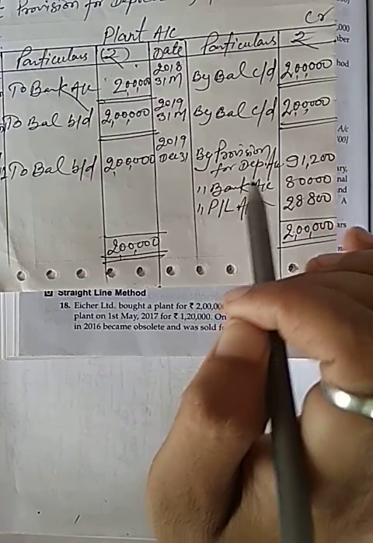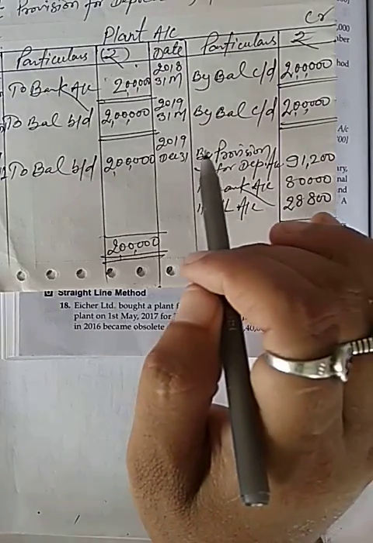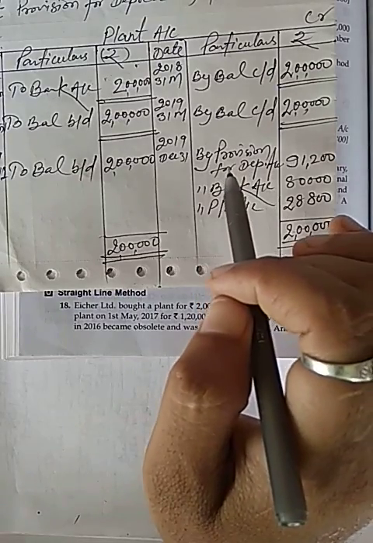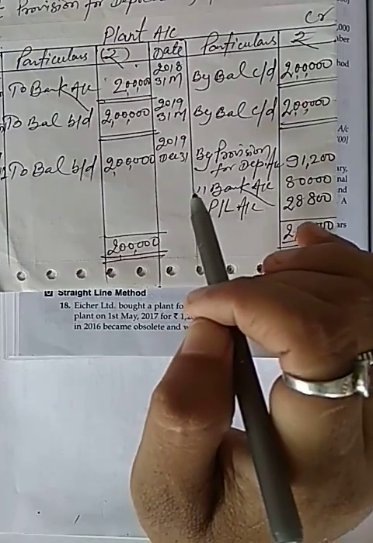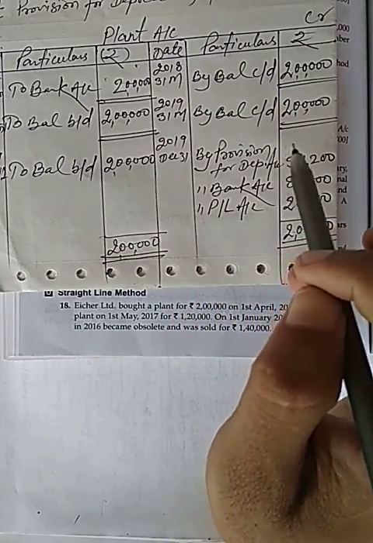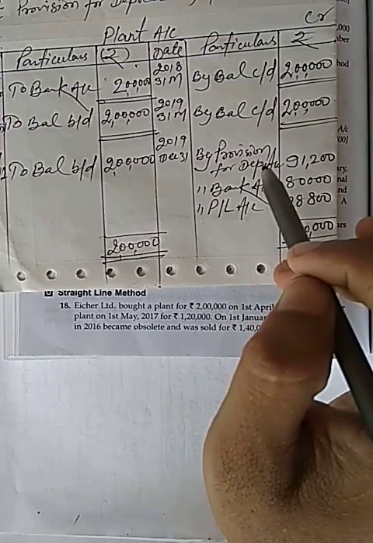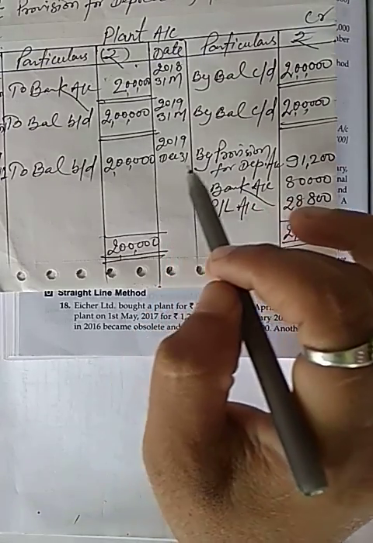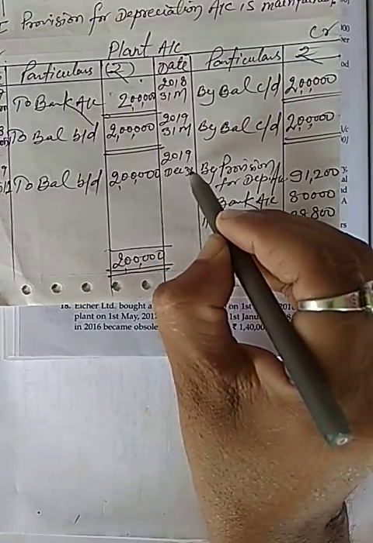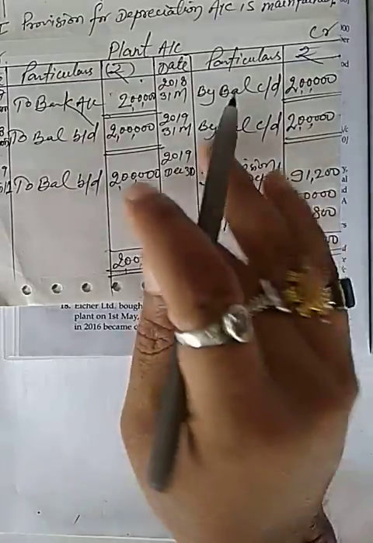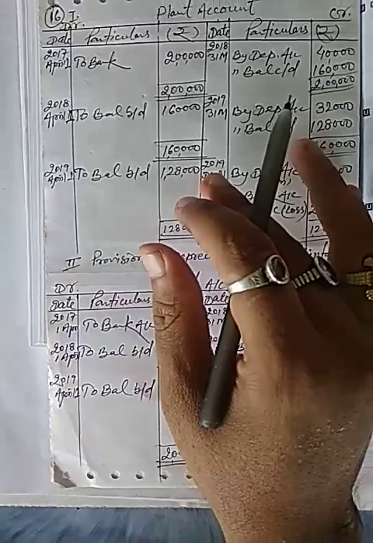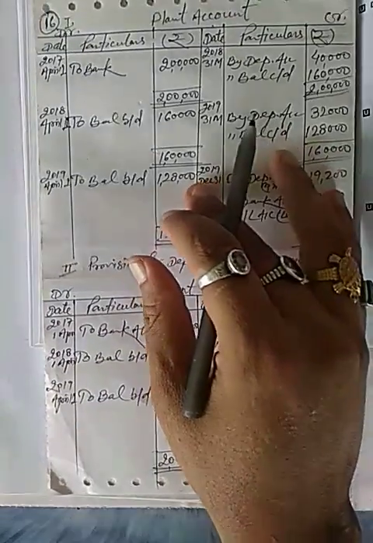So we will write provision for depreciation account. It means the total depreciation of the plant which is sold on 30 December 2019. So students, this is the solution of your question. You can take a screenshot.